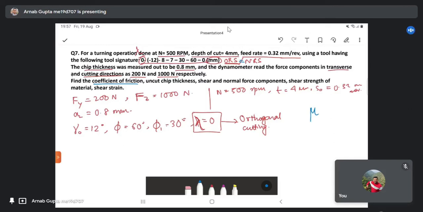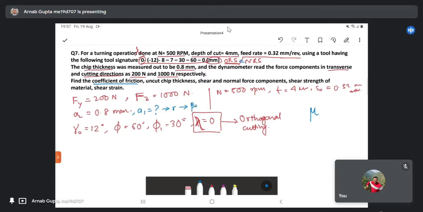That is one approach. But here you can't deduce the value of shear angle because you don't have A1, that is the uncut chip thickness. So consequently, you can't find out the value of zeta or r, and hence you can't find out beta naught, that is the shear plane angle.